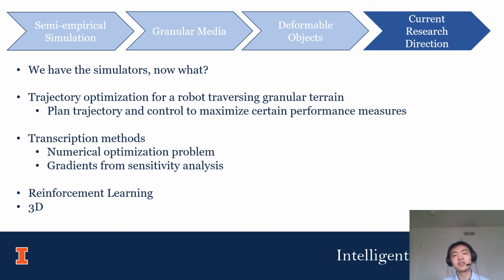It basically turns this planning problem into a nonlinear numerical optimization problem. Solving these kinds of problems usually will require gradients of the robot dynamics. And recall what we have for simulating a robot on granular terrain is a convex optimization problem. And to get gradients, we can actually perform a sensitivity analysis on the convex optimization and get the gradients.